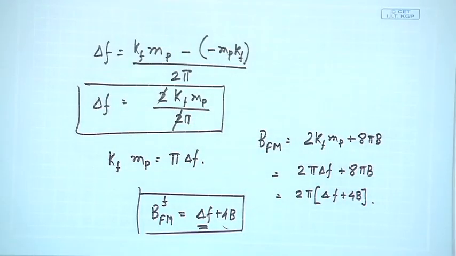If I can make my del f very small, which is called narrowband FM, we will demonstrate that part also, by just making kf very small, then whatever the message signal variation, it will be bounded, and del f, which is kf into mp divided by pi, will be very small.